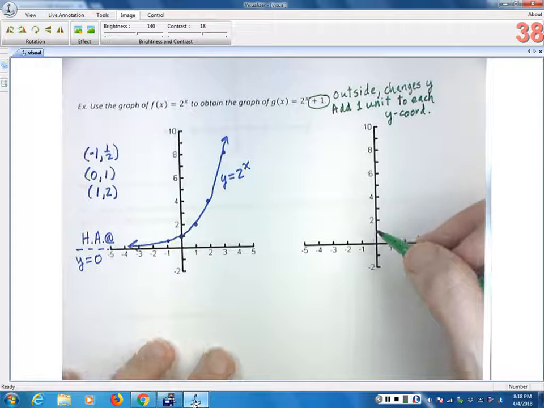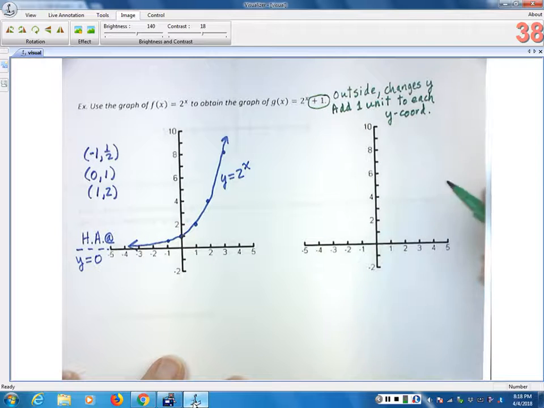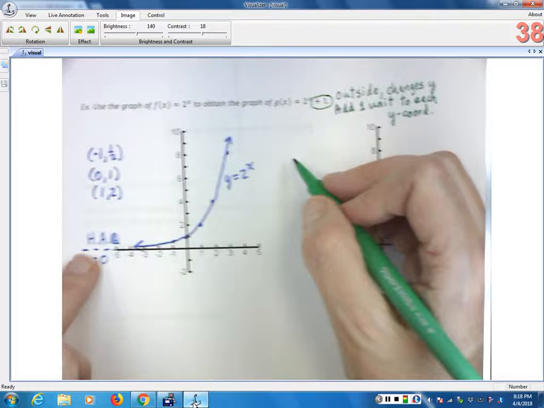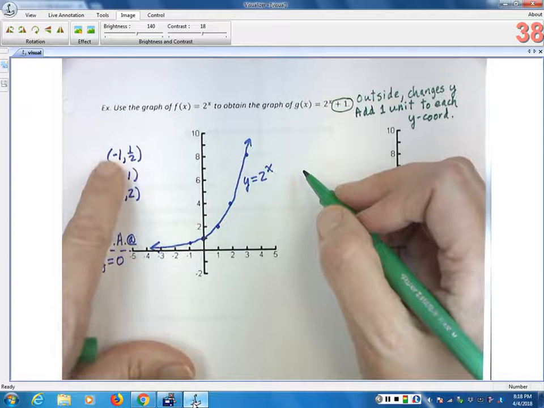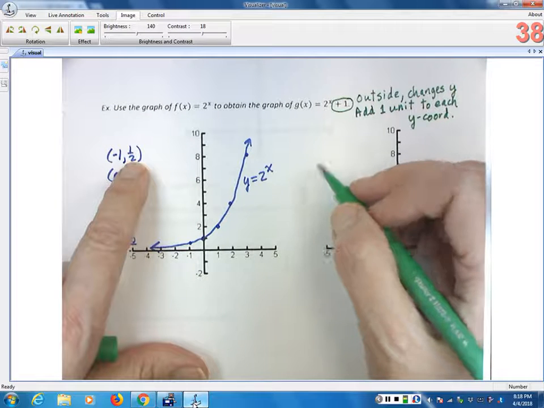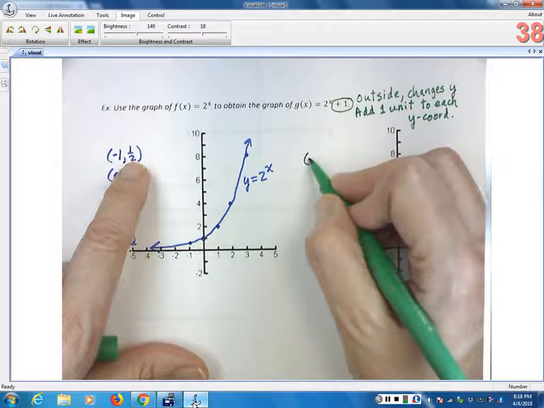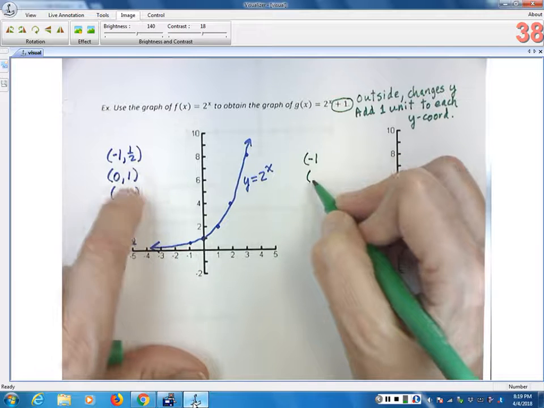I started with minus 1, 1/2, so x stays the same.